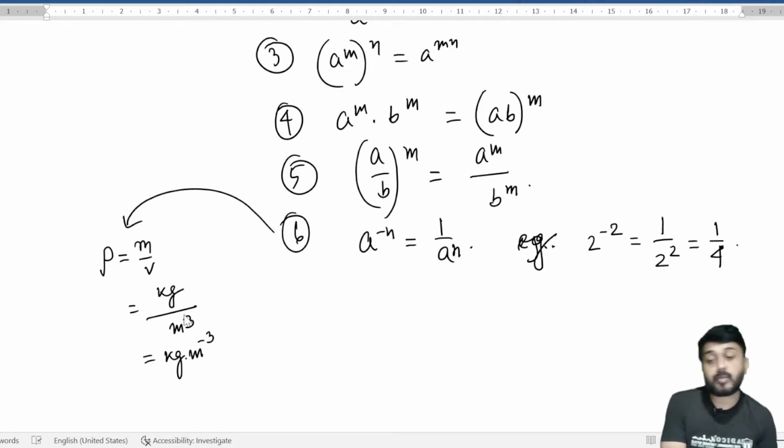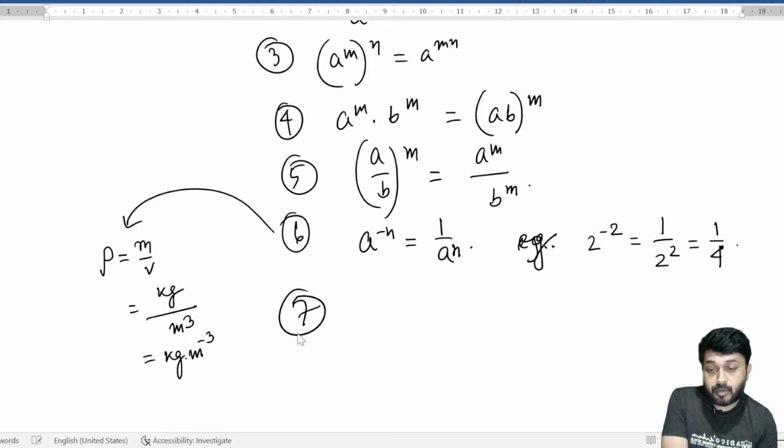Kg is already there in the numerator, as it was in the previous step, but 1 by meter cube has changed to meter to the power minus 3. Just as 1 by 2 square has changed to 2 to the power minus 2. If it were 1 by 2 cube, then that would have changed to 2 to the power minus 3, right? So 1 by meter cube can simply be written as meter to the power minus 3. Is it clear?